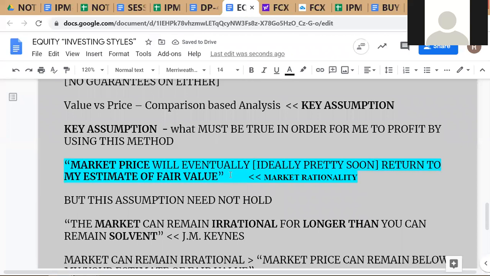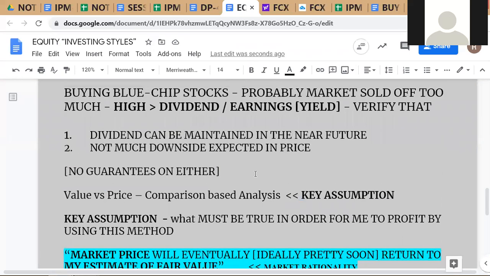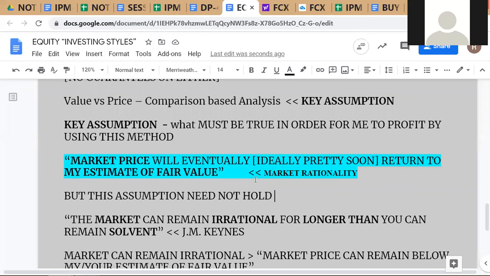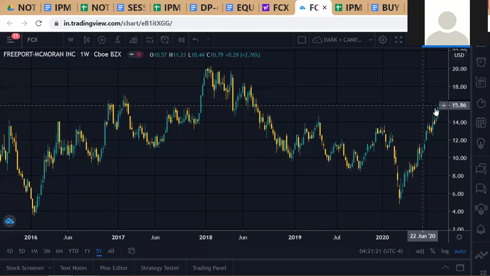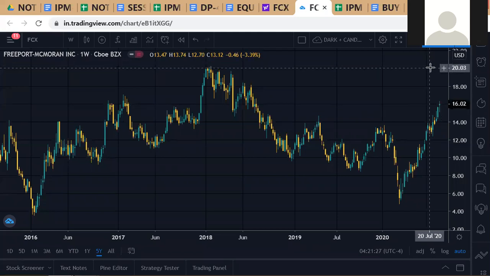All right. So this assumption that we talked about is what we call the assumption regarding market rationality. So rationality, we already explained earlier in the discussion when we were discussing Keynes's quote, that market remaining irrational means the market price is not equal to my estimate of fair value. Always remember, fair value is subjective.